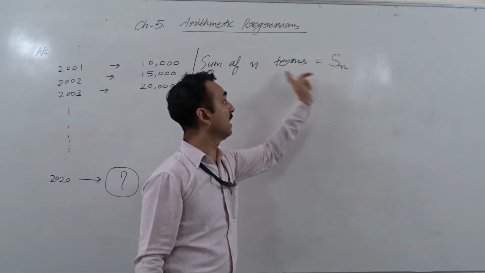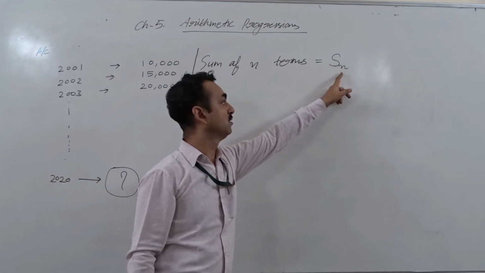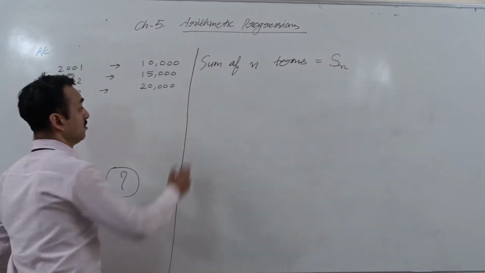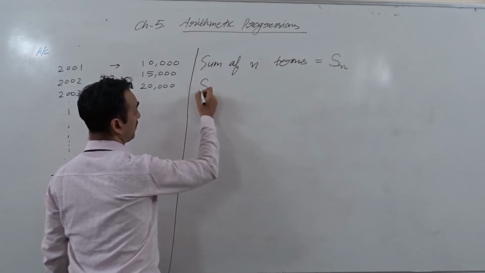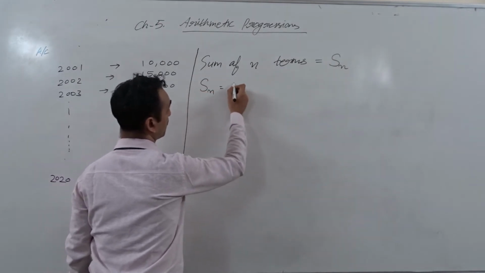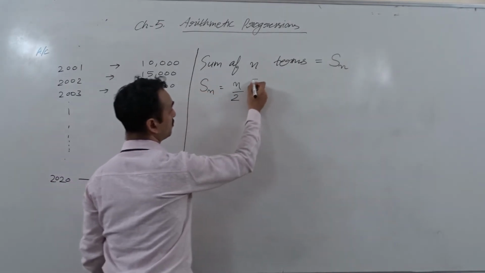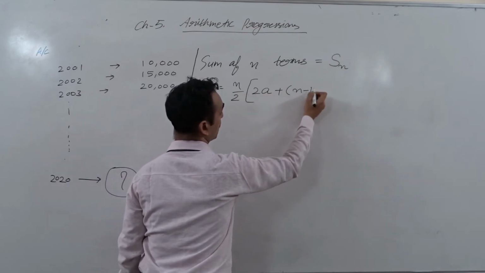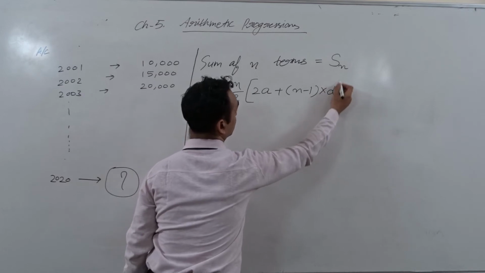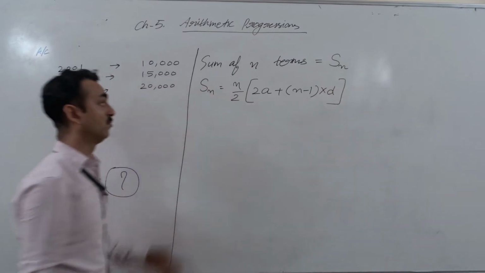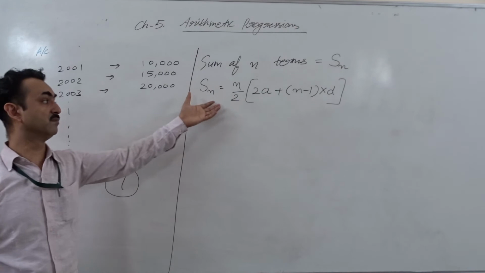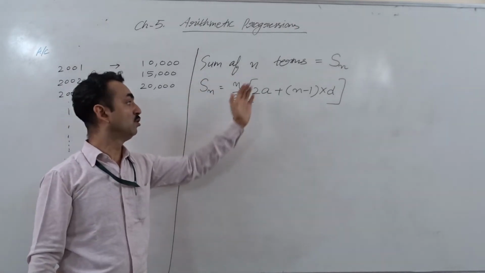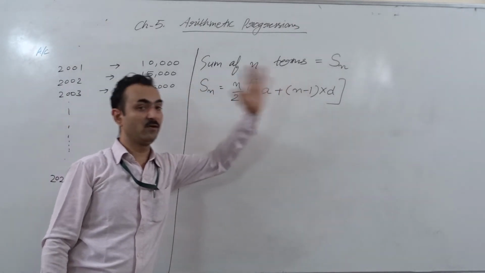Capital S, Sn. So Sn equals n upon 2, 2a plus n minus 1 into d. This is the formula for the sum of n terms. N by 2, 2a plus n minus 1 into d.